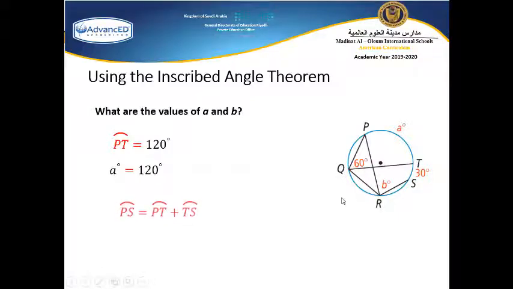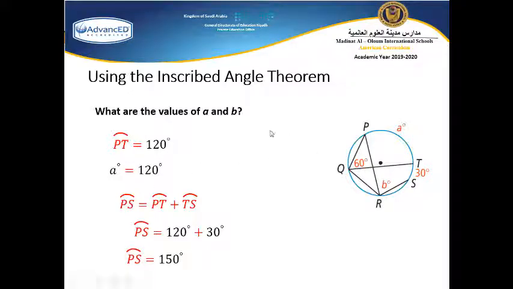Then PS equals PT plus TS, and we know that PT equals 120, and TS, as we see here in the given, is 30. Then the measure of the arc PS equals 150. Then the measure of the inscribed angle PRS equals half the measure of the intercepted arc PS. Then half of 150 equals 75.